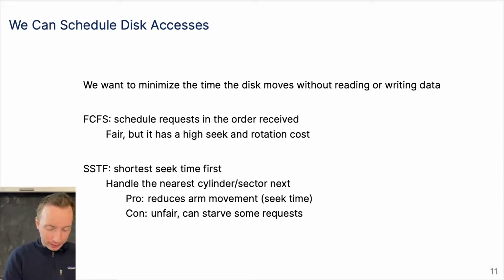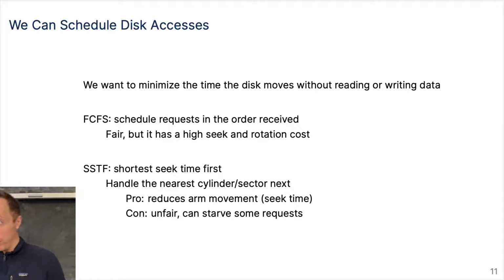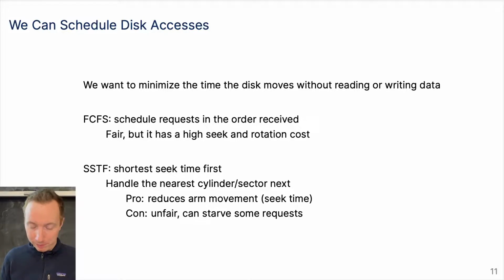So you can do first come, first serve, and if your programs are reading and writing to sectors, you can just schedule them in the order that they're received. Remember, your kernel is going to be way faster than the disk because disks are fairly slow. So if you do first come, first serve for sector accesses or block accesses, they'll be fair, but it's essentially going to be random accesses that you might be able to do better at.